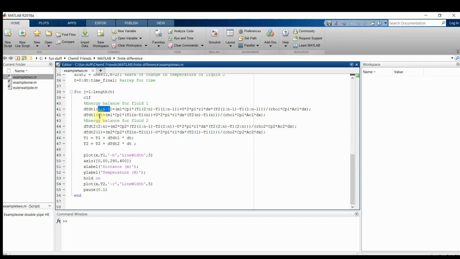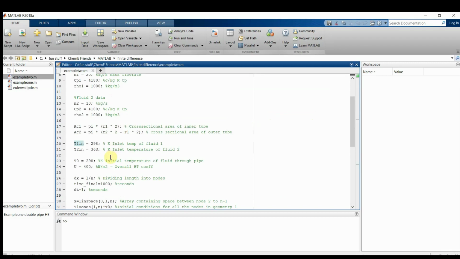We have a boundary condition for node number n. So for 1 to n minus 1, we will just write the generalized equation. And for node number n, we will put in T1n, which is equal to 298 Kelvin.